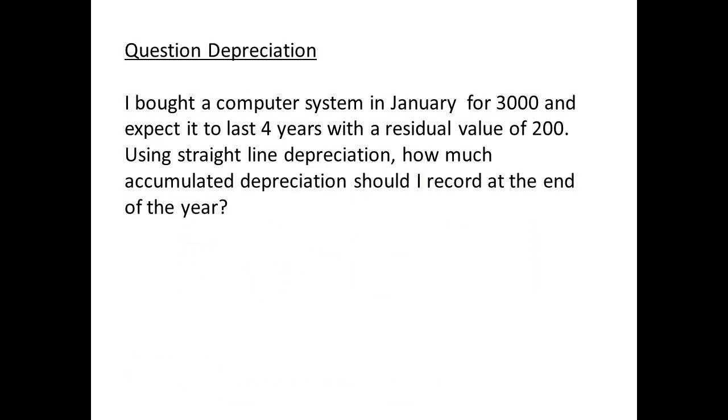Let us recap on two ideas to check our understanding. First, depreciation. I bought a computer system in January for £3,000 and expect it to last 4 years with a residual value of £200. Using straight line depreciation, how much accumulated depreciation should I record at the end of the year?